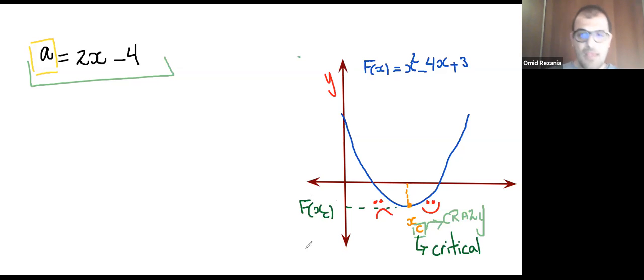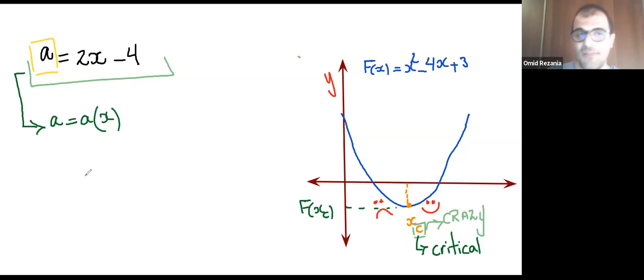Now, how to get this one? As I said, this point is crazy because it suddenly changes its behavior. But how to find this? What is the value of xc? The value of xc is going to be the root of a. We call that a of x.